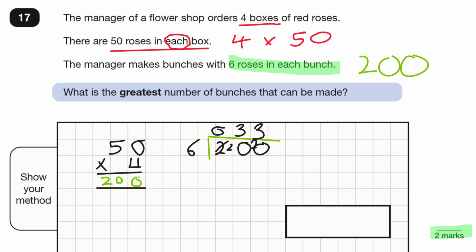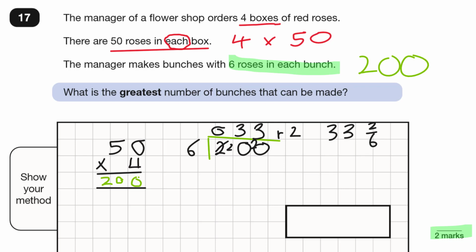Now, you might have learnt how to divide with the remainder as a fraction or as a decimal, and you can do that here, but it's actually not necessary. Okay, so I could say that the answer to this is 33 remainder 2. I could also say the answer is 33 and 2/6 or 1/3.